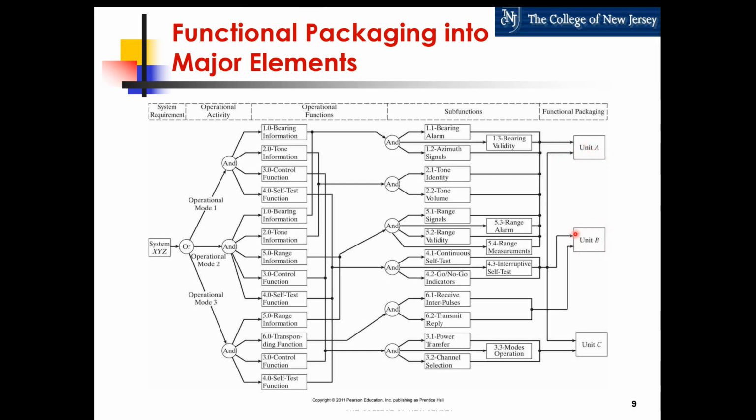Then unit B is going to be the transponder. So this is going to be a communication module, which also has the self-test functionality. And then unit C is going to be the power and controller, and also has to have the self-test functionality.